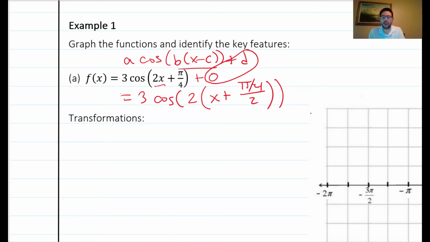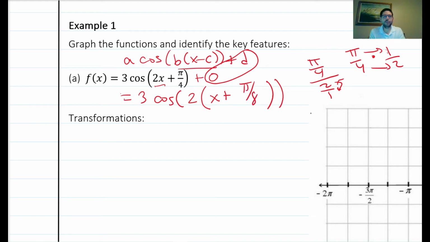Again, you can use KCF: pi over 4 divided by 2 over 1. Keep, flip, and change. You flip the 2 over 1 to 1 over 2, and then that multiplies straight across, and that'll give you pi over 8. So I'm going to change this to a pi over 8.